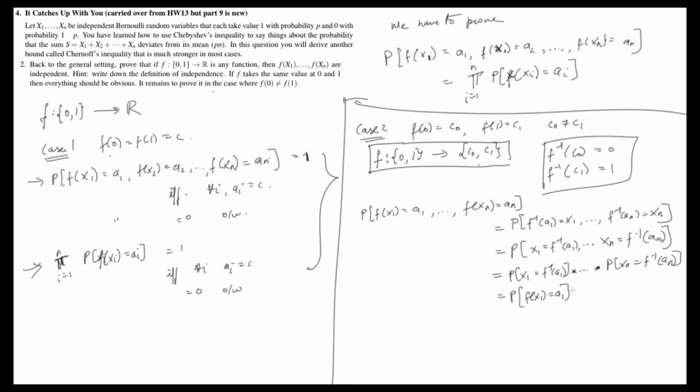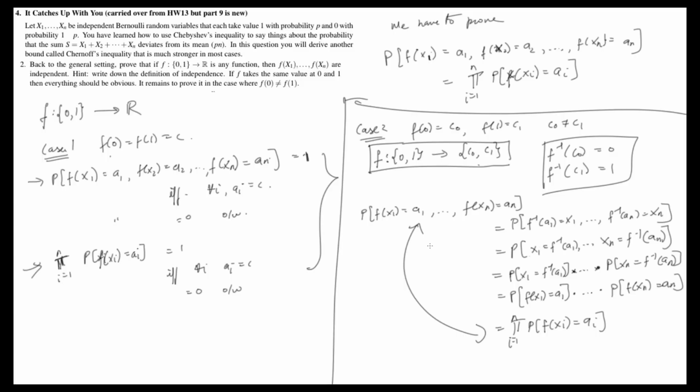So we moved from f to the inverse of f, now we're moving back to f, times all the way to probability of f of xn is equal to an. This is just equal to the product from i equals 1 to n of probability of f of xi is equal to ai. So these two are the same.